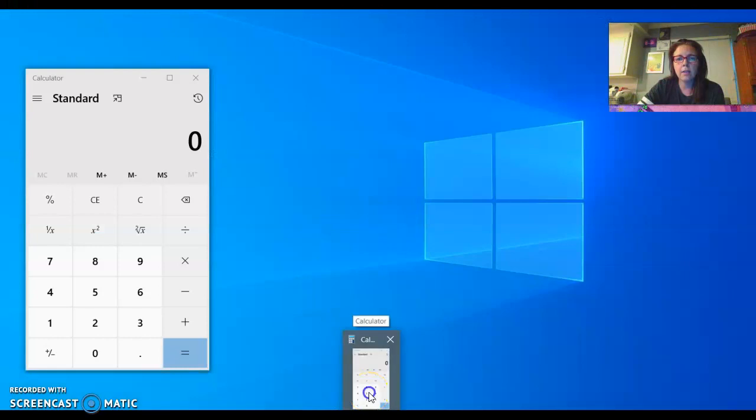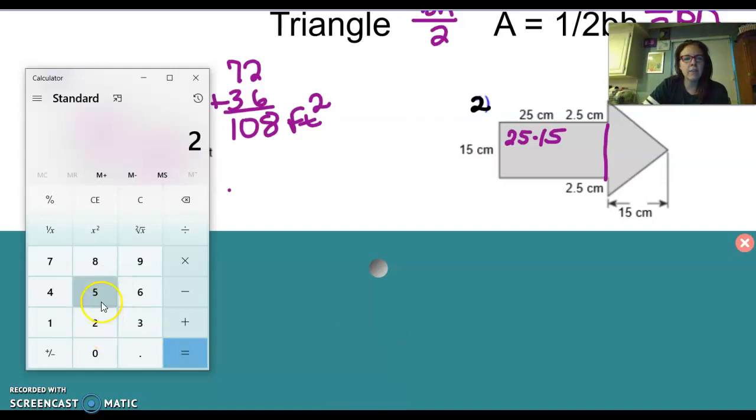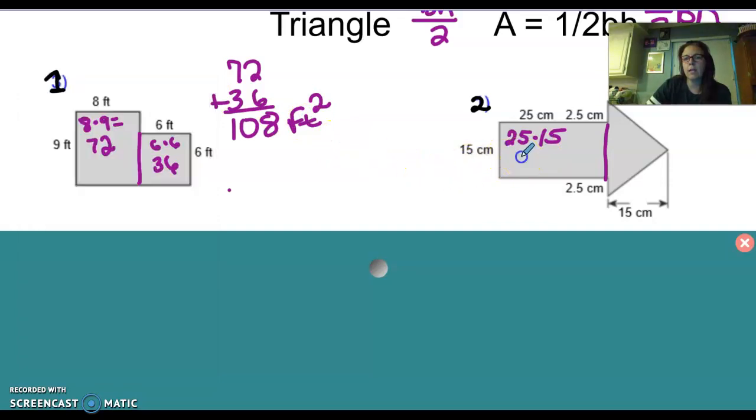Okay, I pulled up my calculator. All right, so 25 times 15 equals 375. So right here, we're going to write 375. Okay, now this triangle is a little harder.